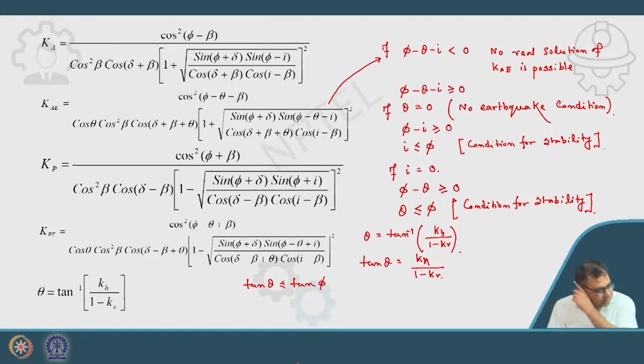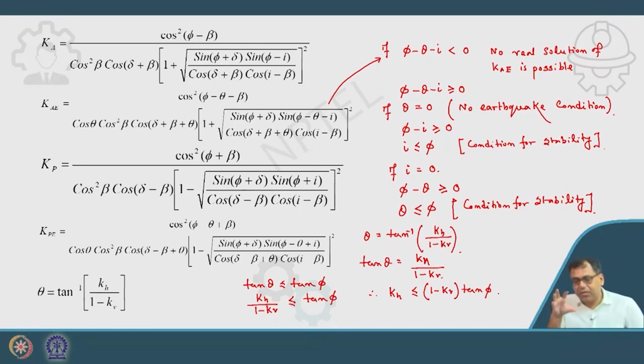So if I put tan theta here, kh over 1 minus kv should be less than or equal to tan phi. Or I can write that kh should be less than or equal to 1 minus kv into tan phi.